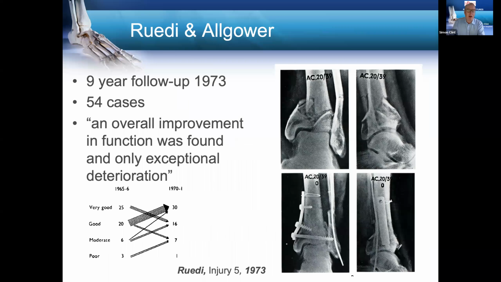He could only track down 54 of the 82 patients, but he described an overall improvement in function and only exceptional deterioration. And he had a very nice way of illustrating that with arrows showing predominantly an upward movement. And this was despite what most people today would consider suboptimal fixation.